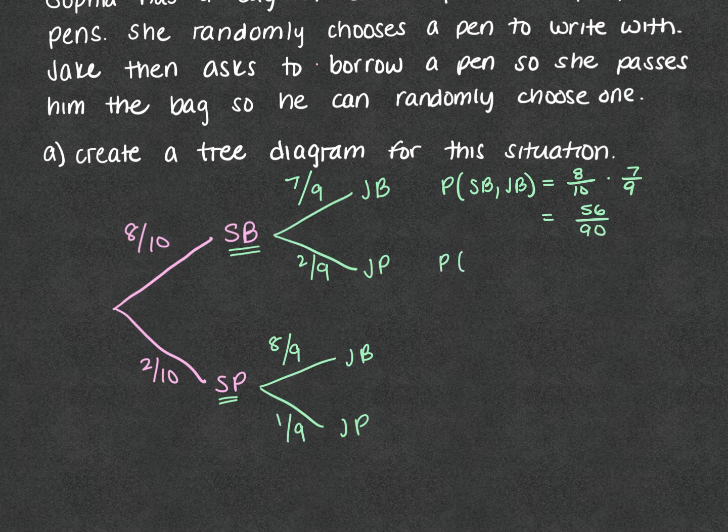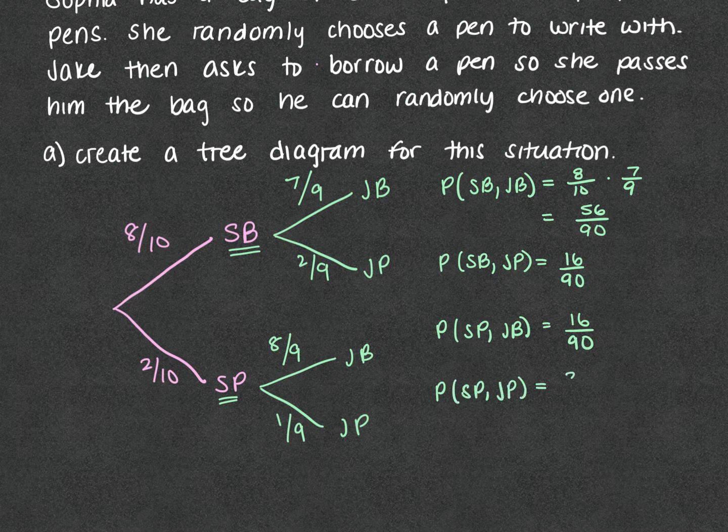The probability that Sophia chooses blue and then Jake chooses purple would be 8 over 10 times 2 over 9, so 16 out of 90. The probability Sophia chooses purple and Jake chooses blue is 16 out of 90. And then they both choose purple would be only 2 out of 90.